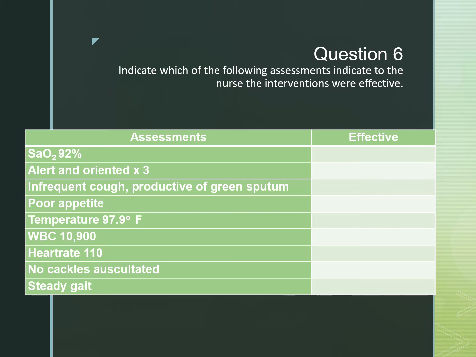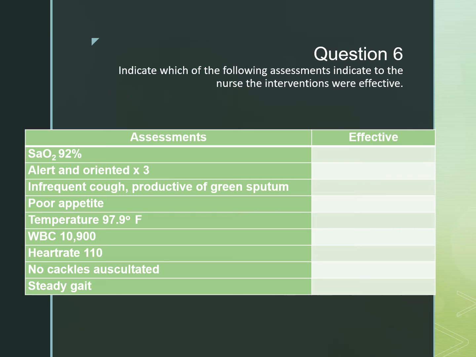Infrequent cough, productive of green sputum. No, we've improved her cough, but she's still coughing up that green sputum, so that is not an improvement. Poor appetite? No, this is not an improvement either. Temp of 97.9.